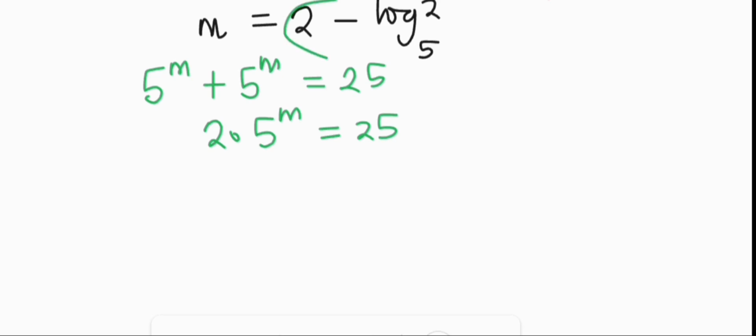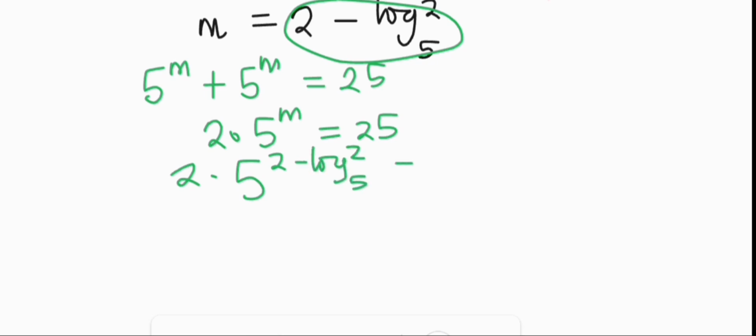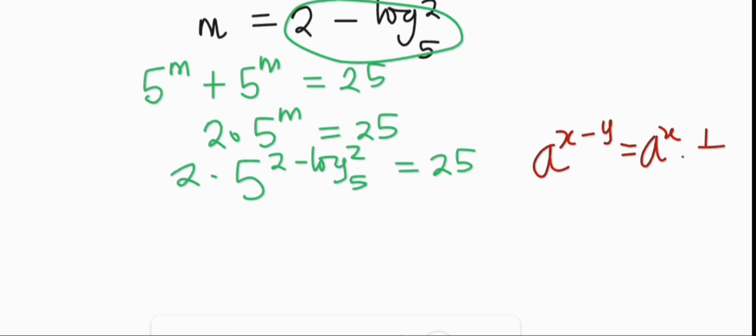Then we plug in the value of m, which means we have 2 times 5 to the power of 2 minus log 2 to base 5 being equal to 25, where a to the power of x minus y is a to the power of x times the reciprocal of a to the power of y.